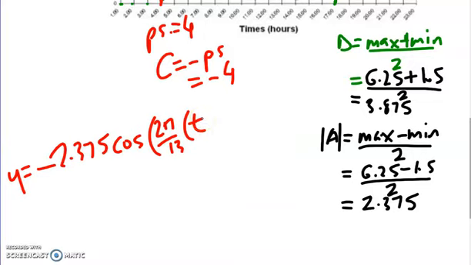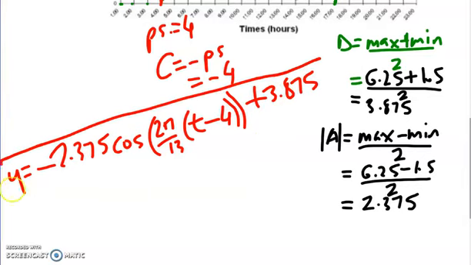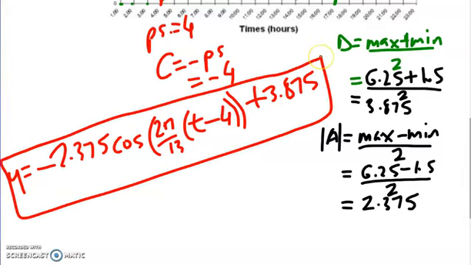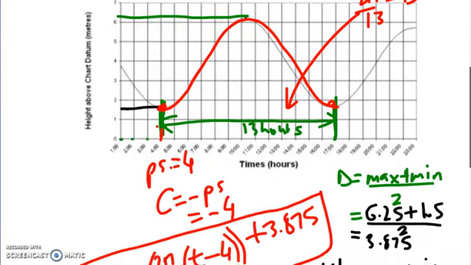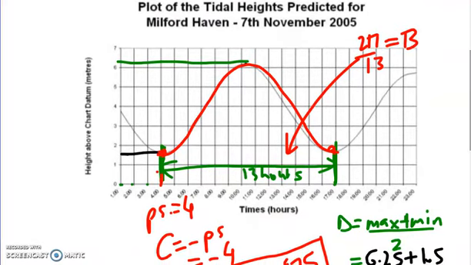And my phase shift is 4, or -4. So t minus 4. And then all of this plus my D value, which is 3.875. Wow, what a monster of a function. Okay, so that is for the plot of these tidal heights.